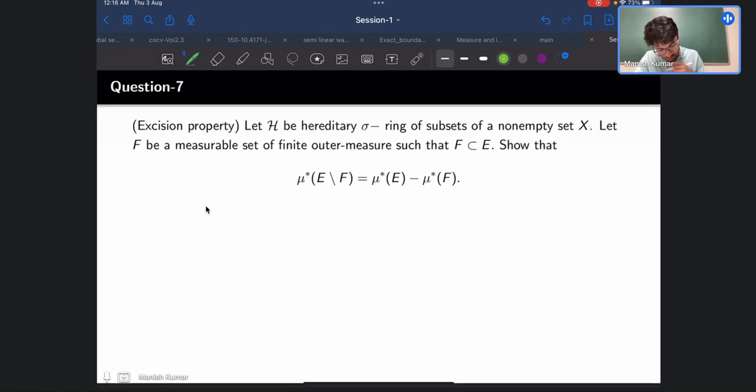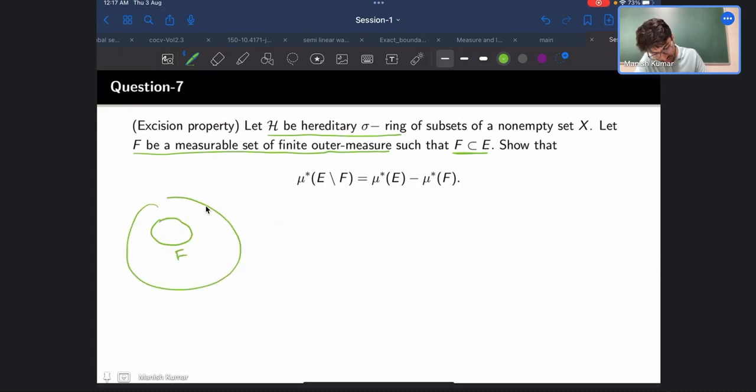Yeah. So now let us see another property, which is called the excision property. This is the excision property of outer measure. So suppose you have a hereditary sigma ring, and F is a measurable set of finite outer measure and E contains F. So this is your F, this is your E. As I mentioned earlier, this is true for measure; it is one of the properties of measure.